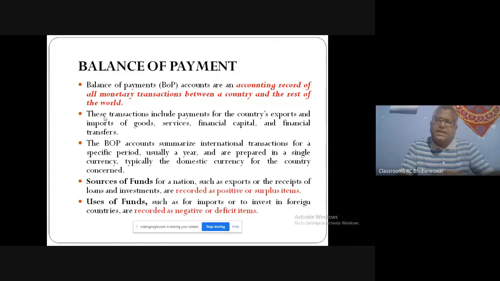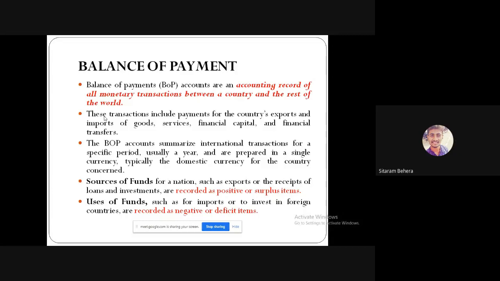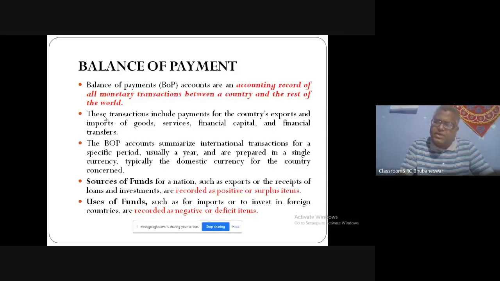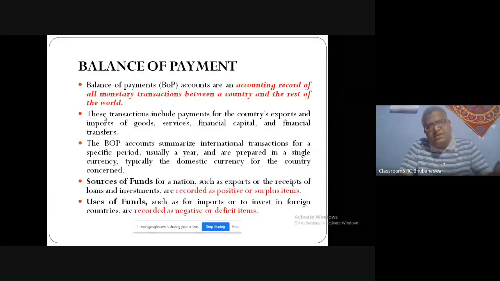It means there are positive or surplus items, or negative or deficit items. You may call them sources of funds or uses of funds. It summarizes the exporting and importing with the rest of the world within a specified period of time, through a single currency.